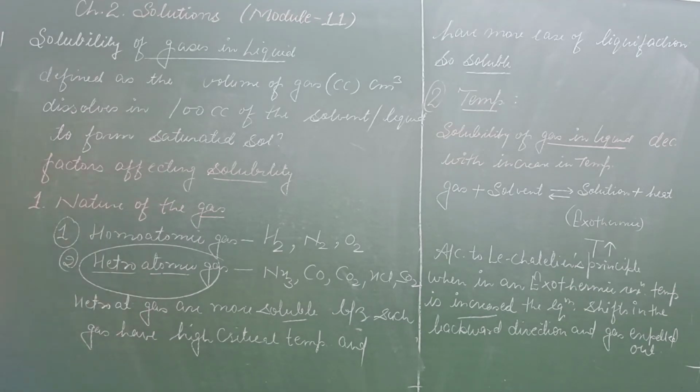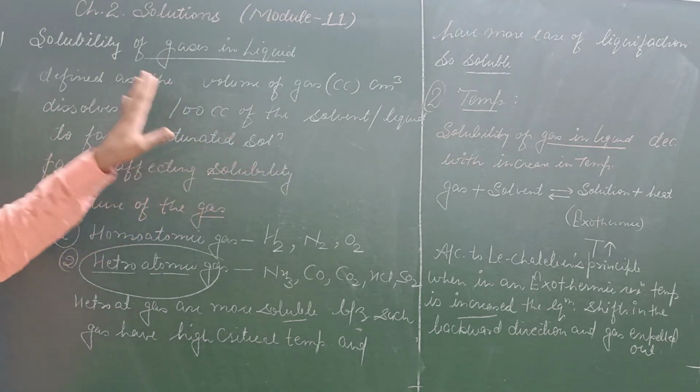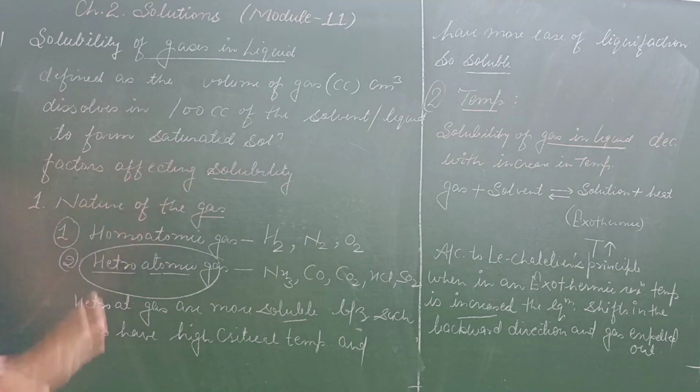I am again telling, here we have studied the solubility of gases in liquid. It can be defined as the volume of gas taken in centimeter cube that is dissolved in 100 cc of the solvent or liquid to form a saturated solution. There are different factors that affect the solubility of gases in liquid. The first factor is the nature of gas. The second factor is the temperature effect. Here we have studied that the solubility of gases in liquid gets decreased with increase in temperature.